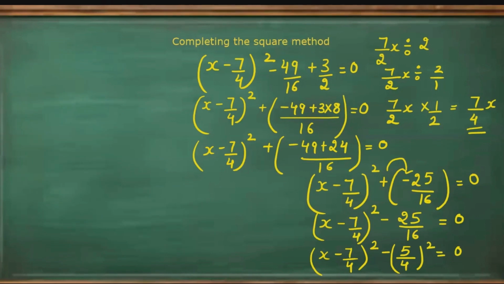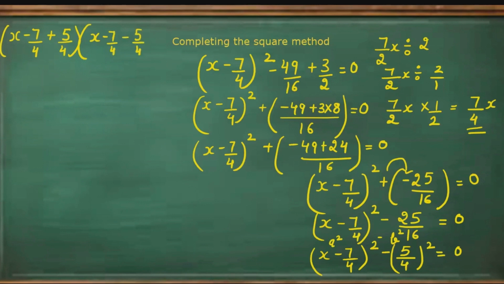Since we got the equation in the form of a square minus b square, we can write it as a plus b and a minus b. So a here is x minus 7 by 4, plus b here is 5 by 4, into a minus b, which is equal to 0. Now we have to solve this part.